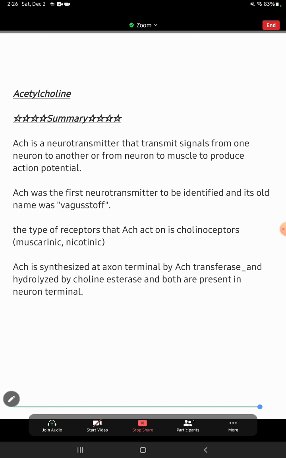ACH is synthesized in the axon terminal by the enzyme choline acetyltransferase and hydrolyzed by cholinesterase. Both enzymes are present in the neuron terminal.